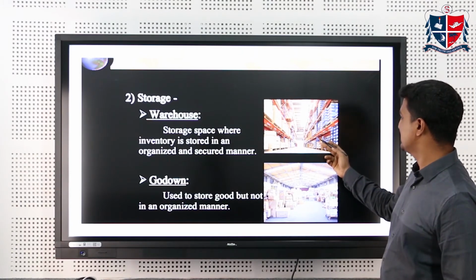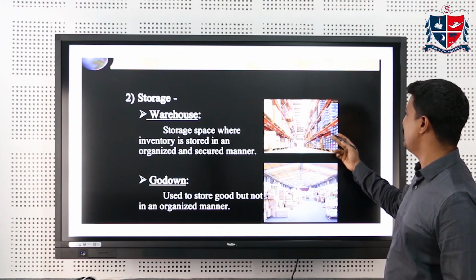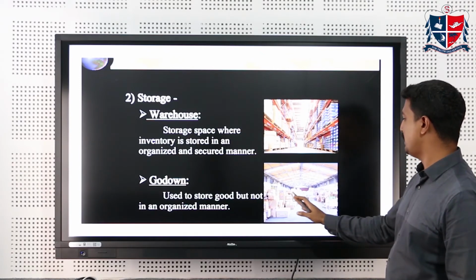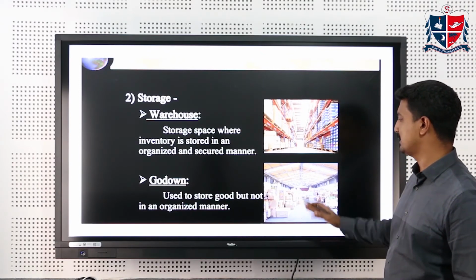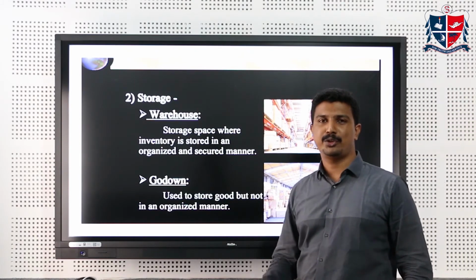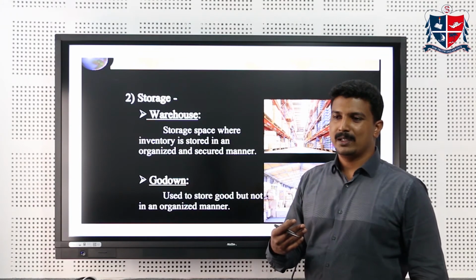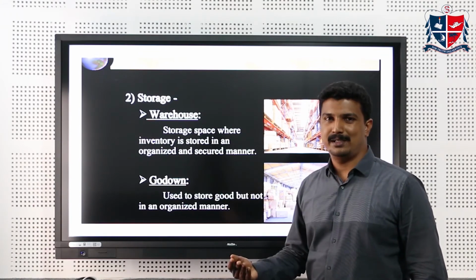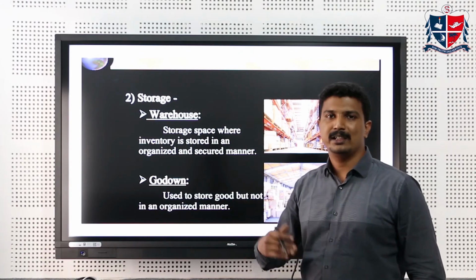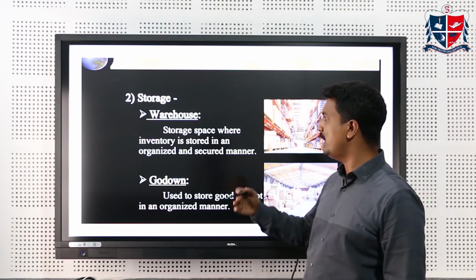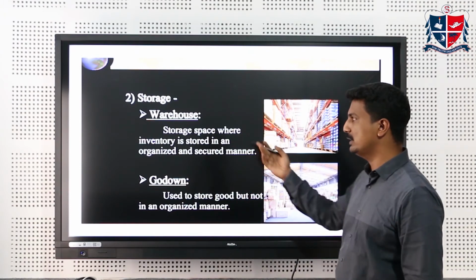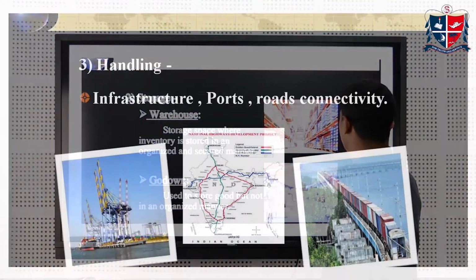In a warehouse, they have stickered each and every storage unit. Here it has been kept in an orderly manner, but not organized. These warehouses and godowns are used as storage. For example, if the production schedule has been delayed in a factory, the cargo has to be stored until the production happens. So it should be stored in a good place. For that purpose, we can use these warehouses and godowns.